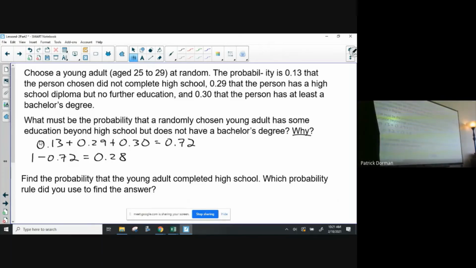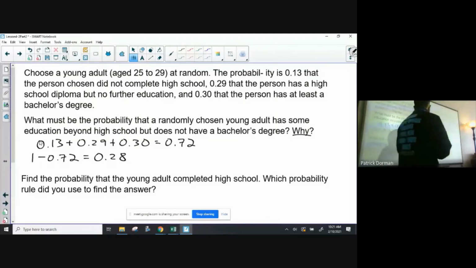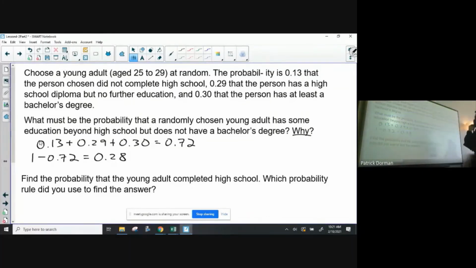How about the probability that a young adult completed high school? Okay, so what's the probability that a young adult completed high school? Well, we know that 13% or 0.13 did not complete high school, right?